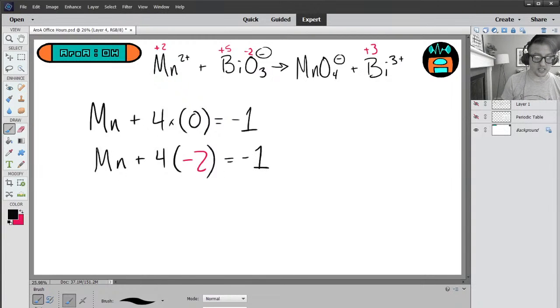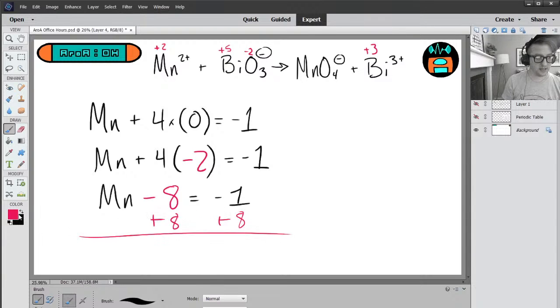So the oxidation state of manganese plus 4 times -2 equals -1. That means the oxidation state of manganese minus 8 equals -1. Now we add 8 to both sides, and we find that on the product side, manganese has an oxidation state of +7.